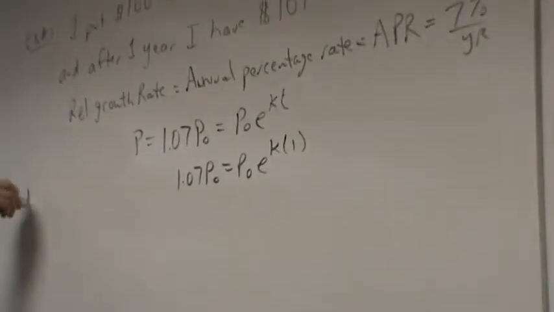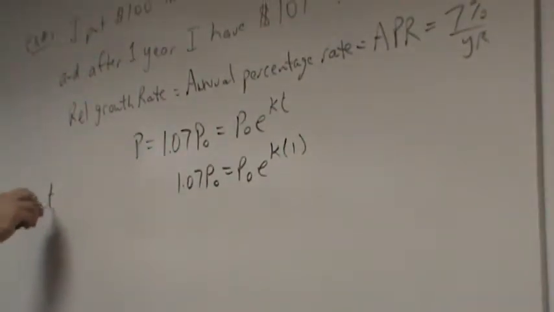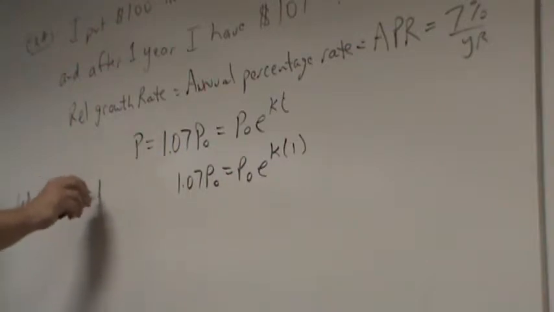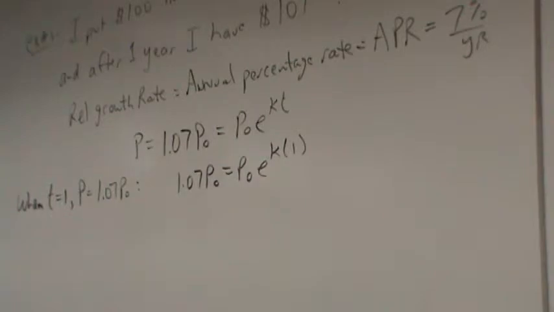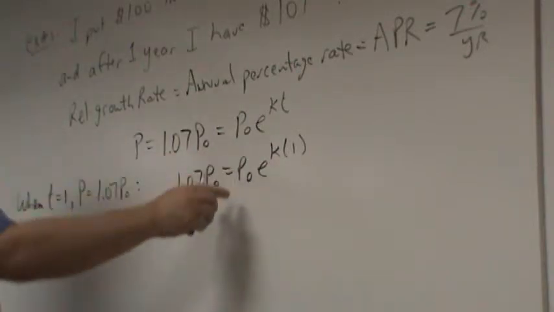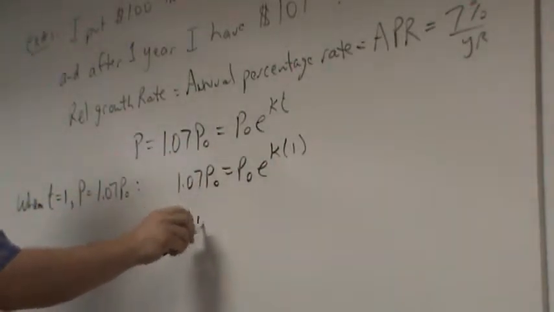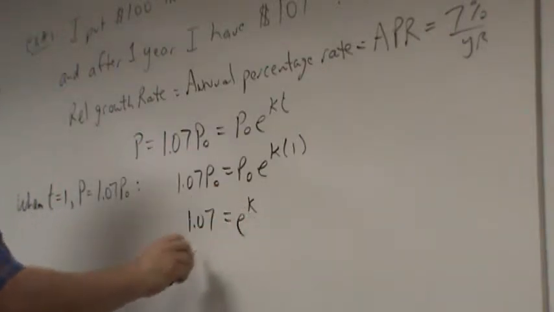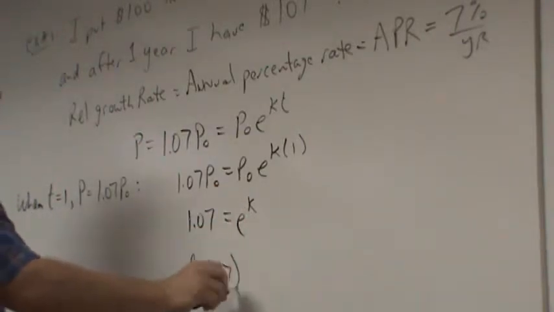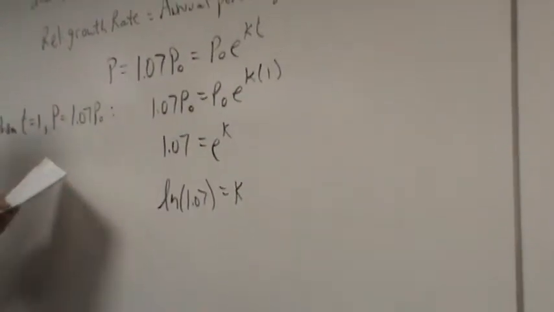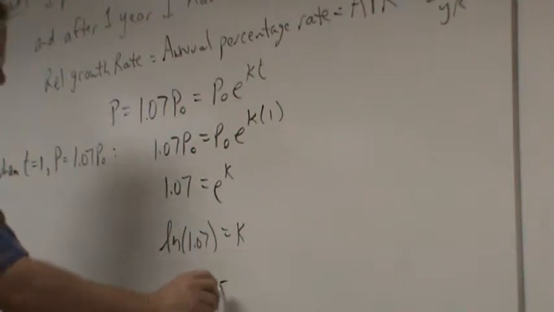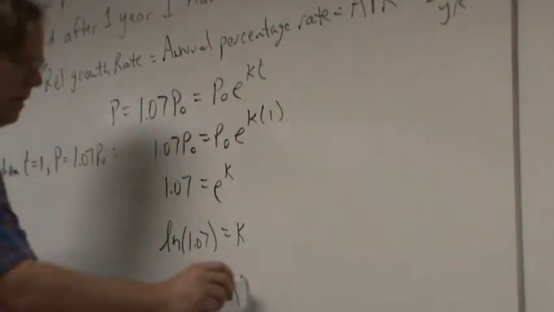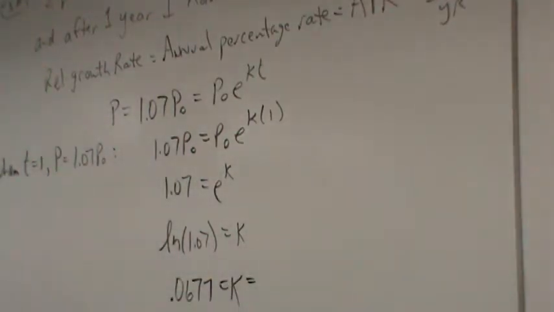So when t equals 1, P equals 1.07 times P naught. Now I'm going to solve for K. The P naughts cancel, and I get 1.07 equals e to the K, or the natural log of 1.07 equals K, and so I end up with 0.0677 equaling K. And that's my continuous relative growth rate.